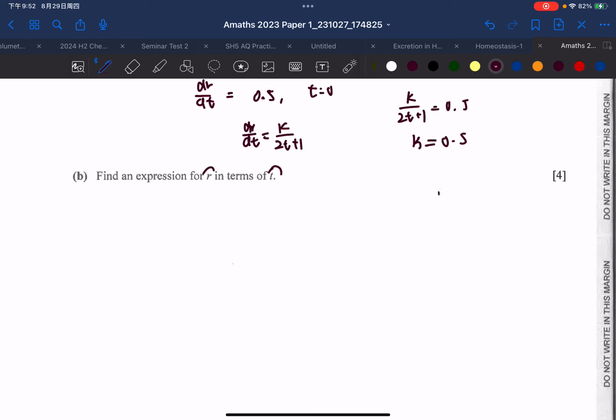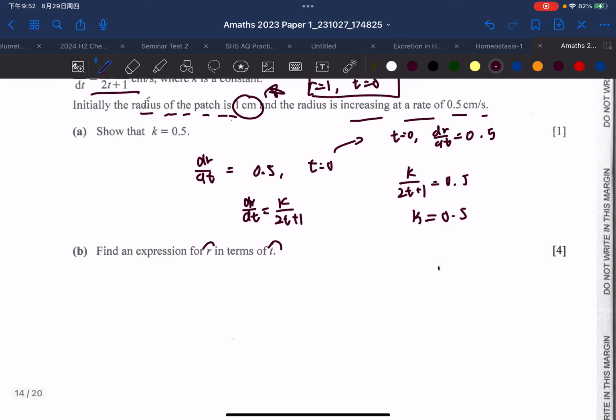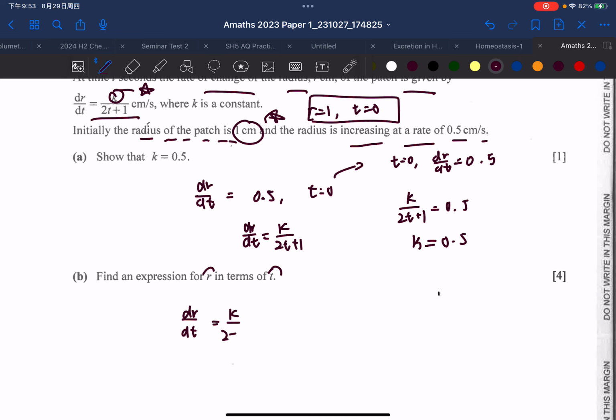Again, it's a reversible concept of differentiation and integration. If you get dy/dx, can you get y equals something in x? Let's say dy/dx equals x. Then y will be equal to half x squared plus c. Okay? So here same. You are given that dr/dt equals k over 2t plus 1.